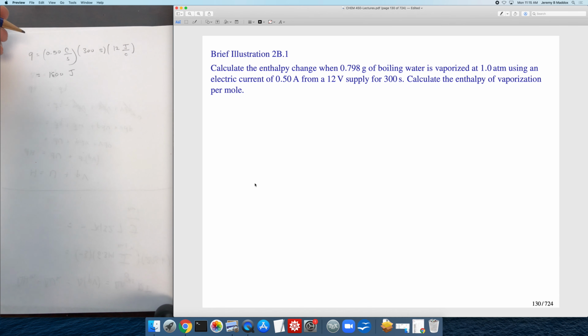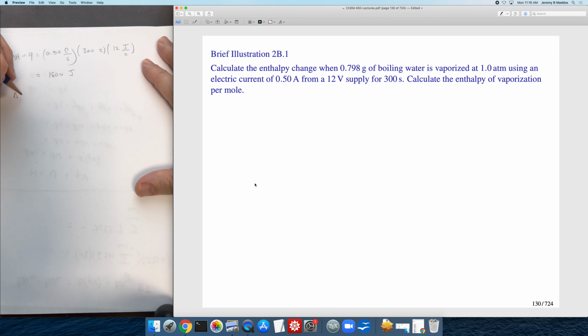Now they want us to calculate the enthalpy of vaporization per mole. So this, in fact, is equal to the enthalpy change for the process, because it's constant pressure. To do it per mole, we need to divide by the number of moles.